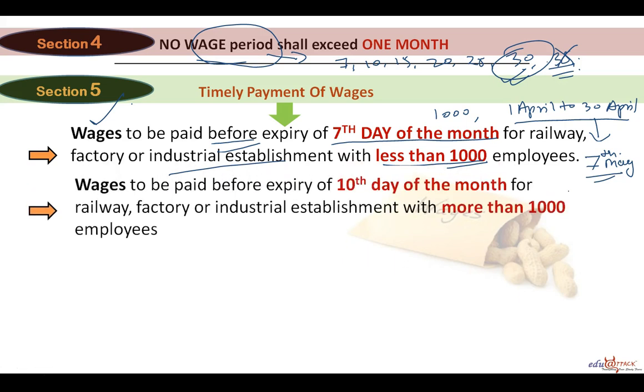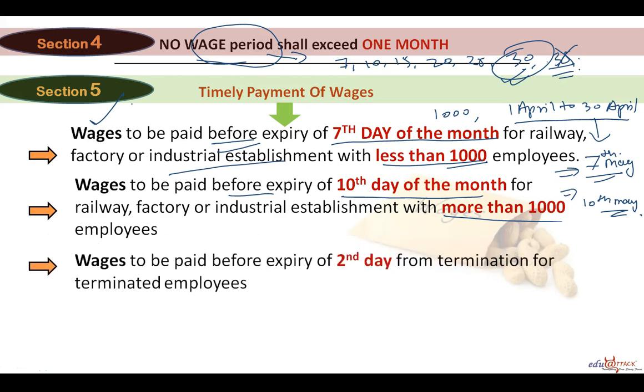Now the next point is, if in any railway, factory or industrial establishment there are more than 1,000 employees, then the employer has to pay before the expiry of the 10th day of the month. So in this case it will be 10th May.